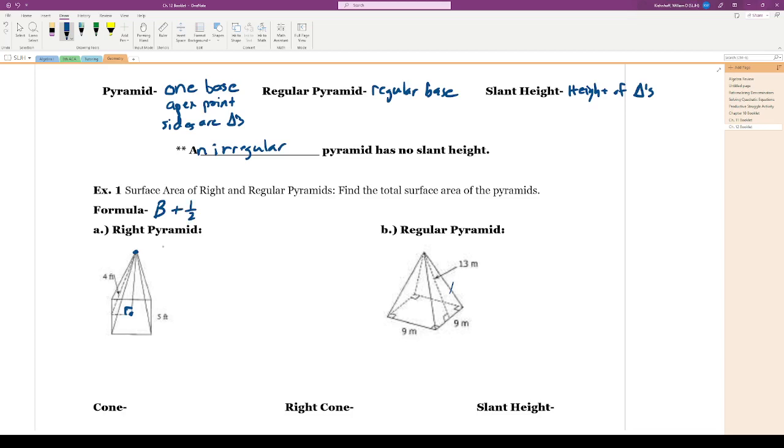And even though they're slanty, the slant height, we said, is the height of the triangles. So it's going to be 1/2 times each side times the slant height. But to compact that down, we can say it's 1/2 times the perimeter times the slant height.